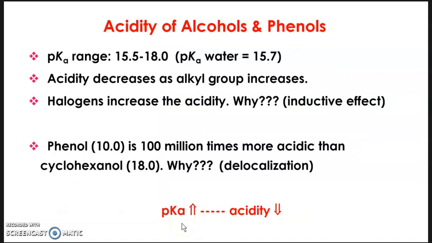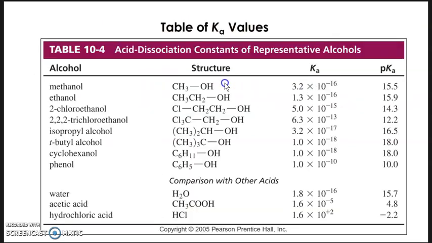Next is the acidity of alcohol. Even though it's an alcohol and phenol, it does have some acidity properties because protonation can happen. These are some facts that you have to understand and read. The pKa range is between 15 and 18, and acidity decreases as the alkyl group increases.